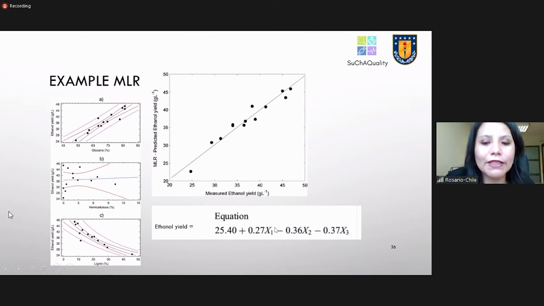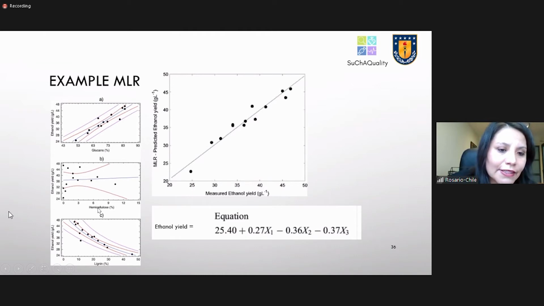For example, here, glucans is X1, hemicellulose is X2, and X3 is lignin, and I can see the negative effect of X2 and X3, but it's logical that if we have more glucans, we will have more glucose and then more ethanol yield. So this is the regression using only glucans.